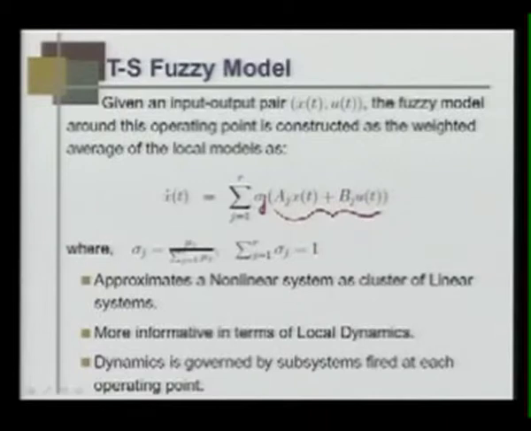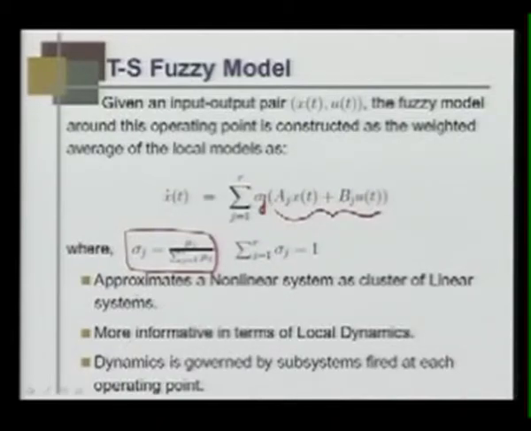So, sigma j is the normalized fuzzy index associated with the jth local model, and the summation of such local models multiplied with the fuzzy index over j equal to 1 to r gives me the complete fuzzy dynamics in terms of TS fuzzy model.